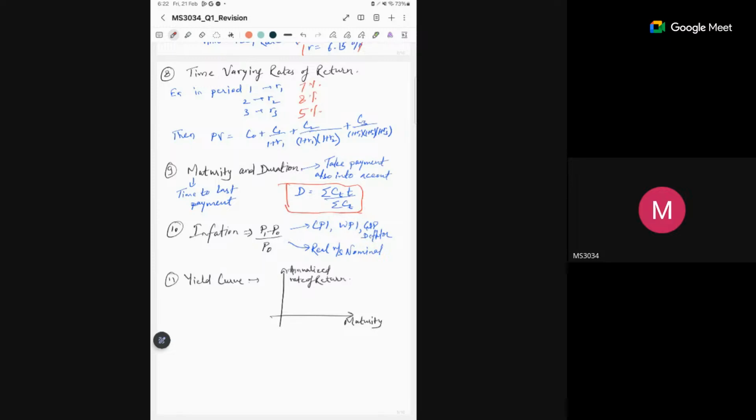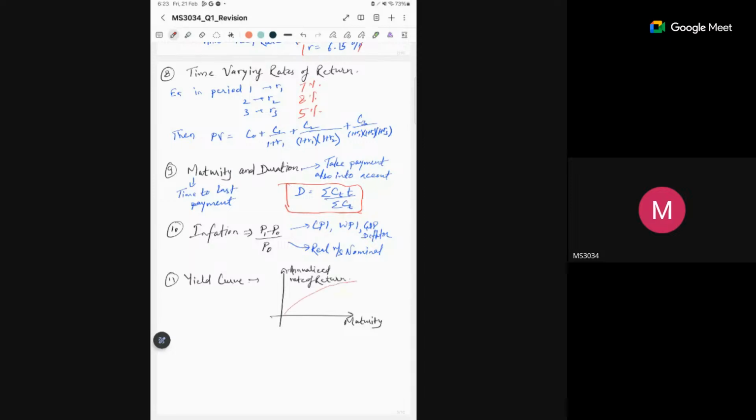And yield curve is nothing but the graphical representation of the relation between the rates of return and the maturity. So it is a curve between annualized rate of return and the maturity. And in a general economic scenario, it is generally an upward sloping yield curve. Why?